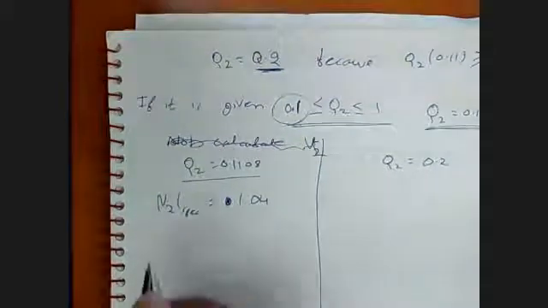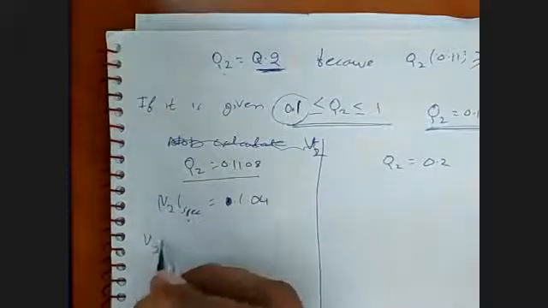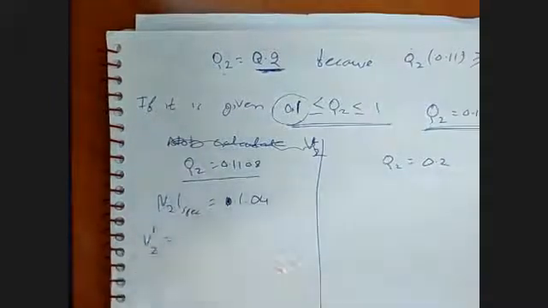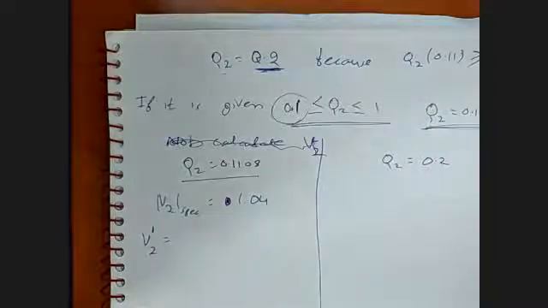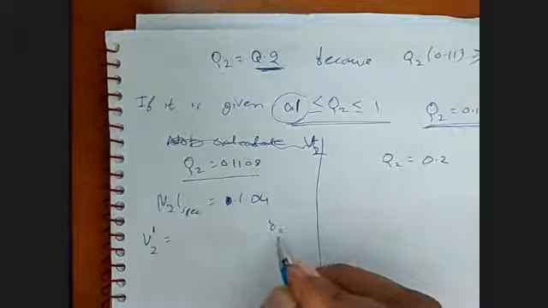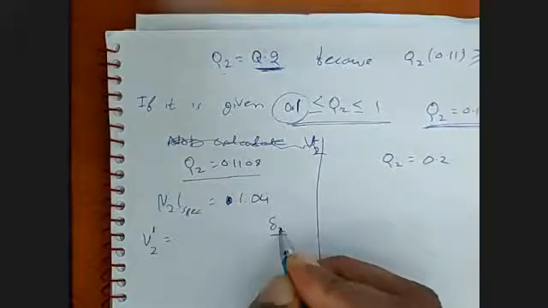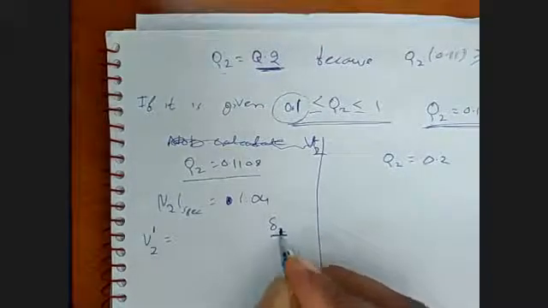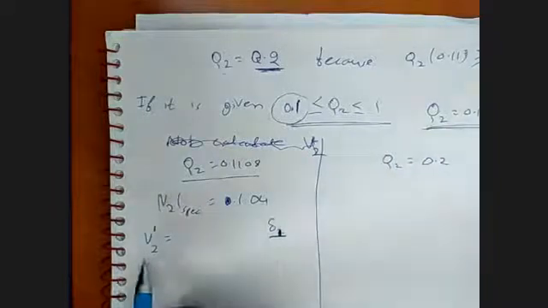Now I have to calculate V2 1, because I have to calculate delta 2, delta 1. So for calculating delta 1, I have to calculate V2 1.